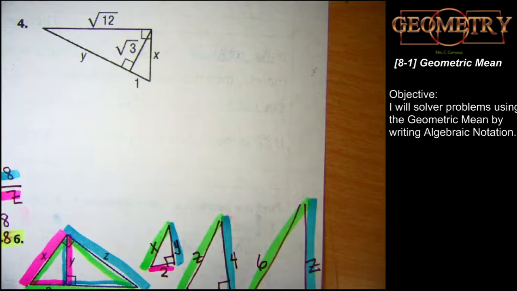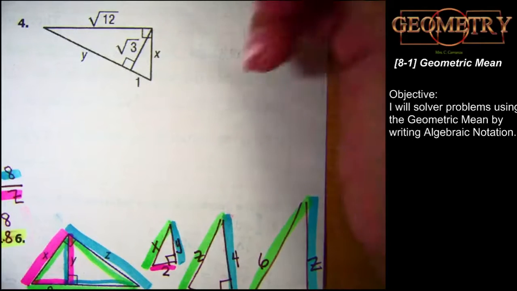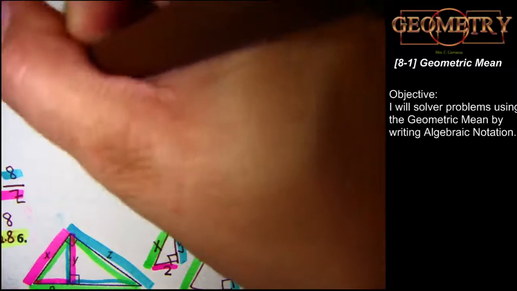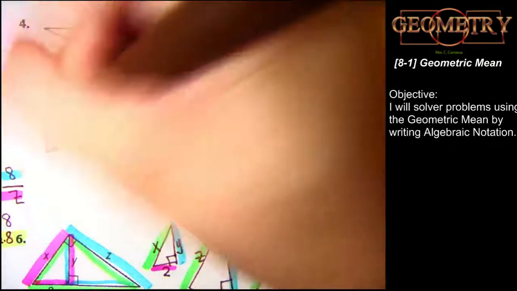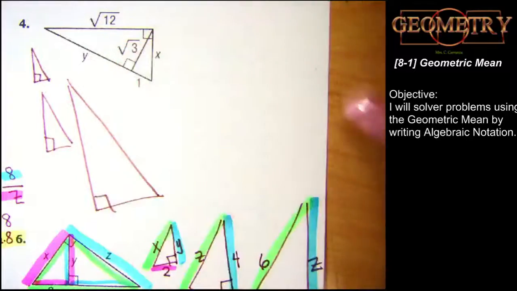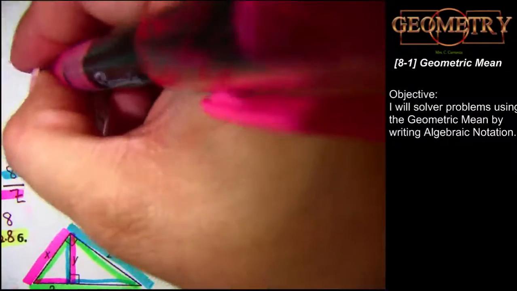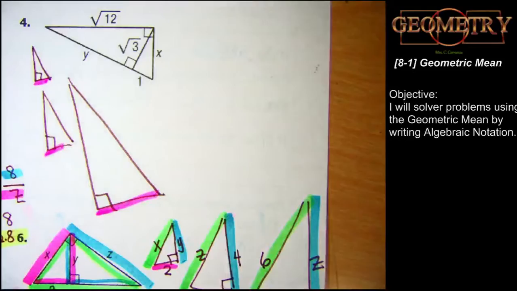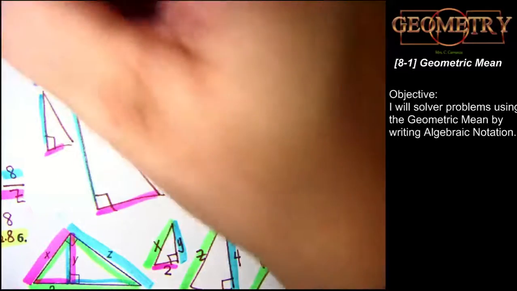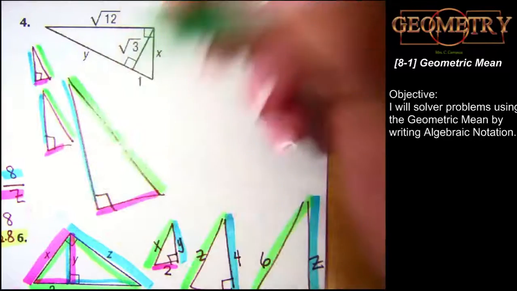It's the same setup. Let's do that setup, okay? All right, so I'm going to have small triangle, medium triangle, big triangle. Small sides, medium sides, hypotenuse, hypotenuses.